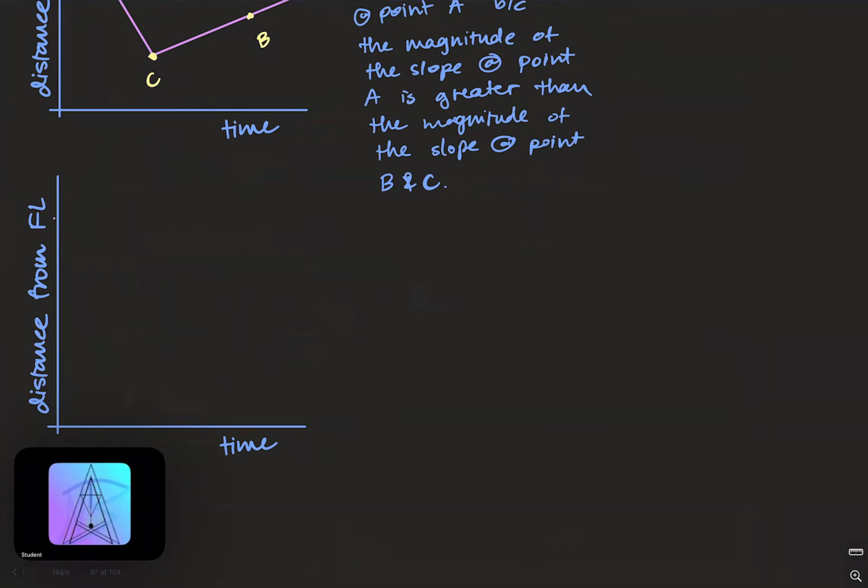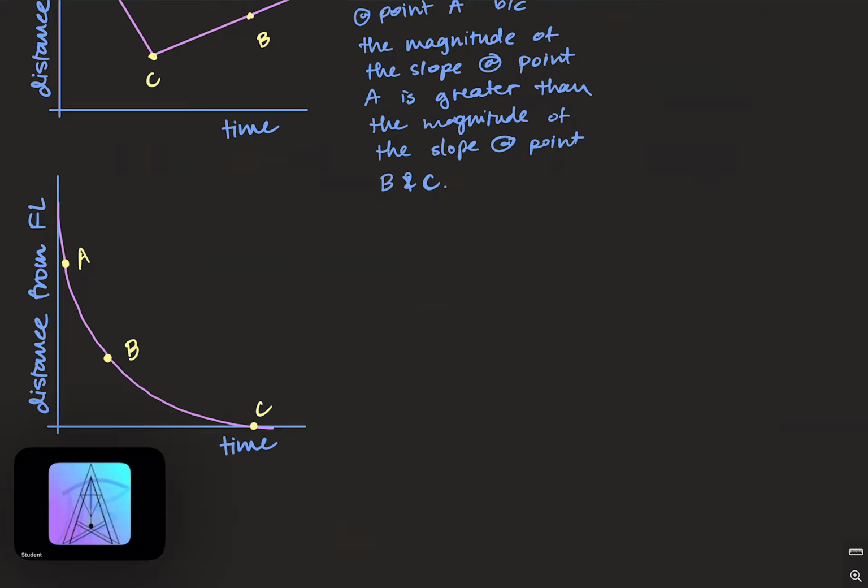Now, this is the last graph that we're going to look at. Let's look at something like this. I'm going to call this point A, point B, and this is point C. Again, at which of the points A, B, or C is the car moving the fastest?